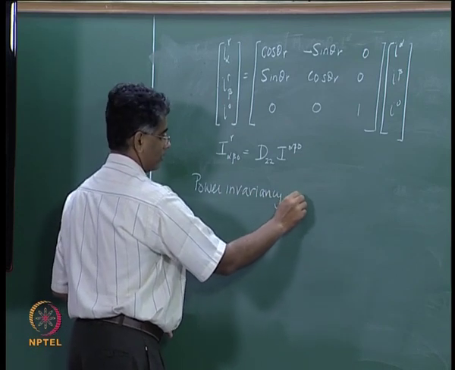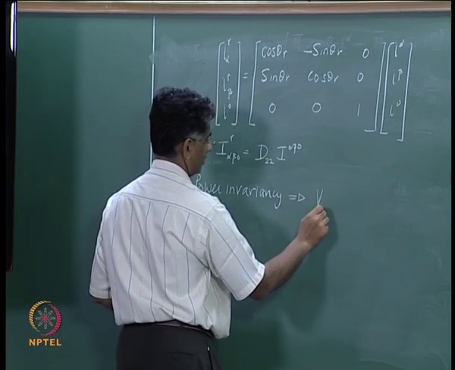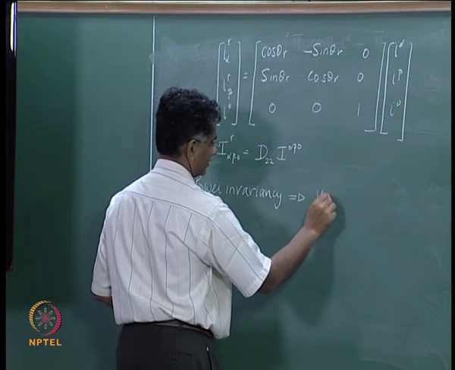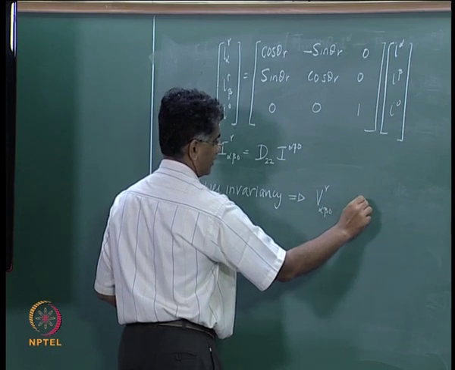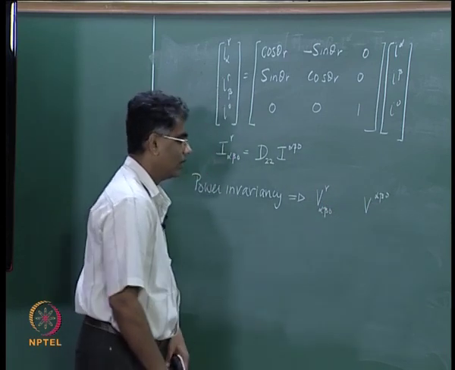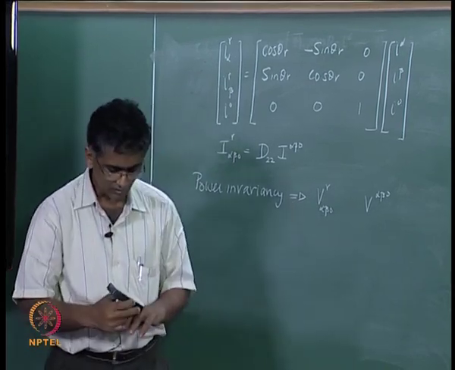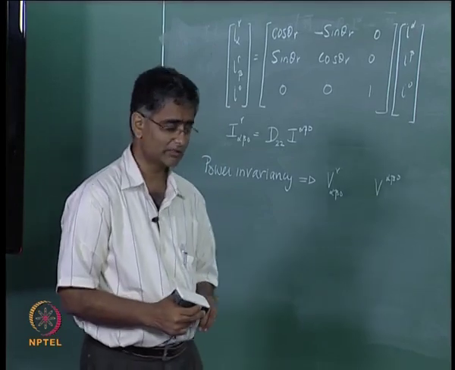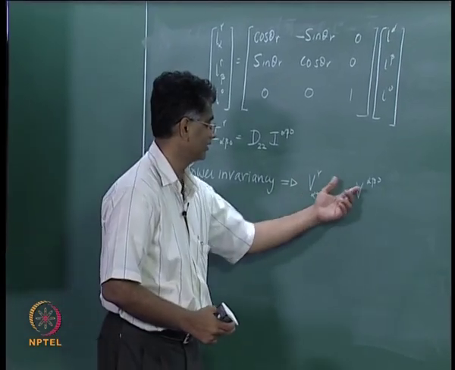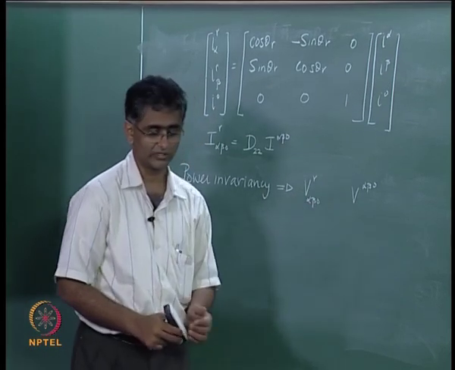So, if we use this idea, we can try to get a relation between V alpha beta 0 r and V alpha beta 0. I will leave you to look at this and see what could be the equation relating this and this pseudo stationary term.